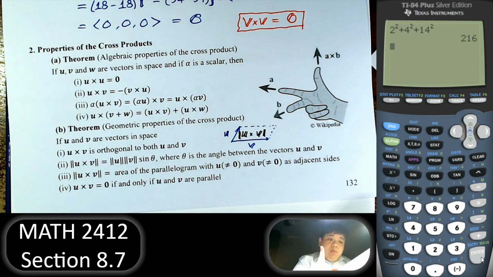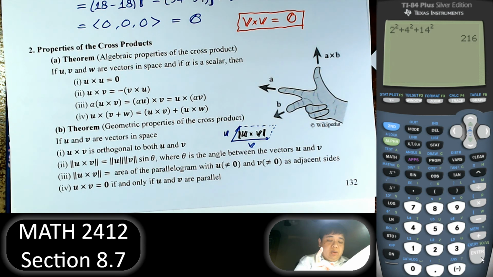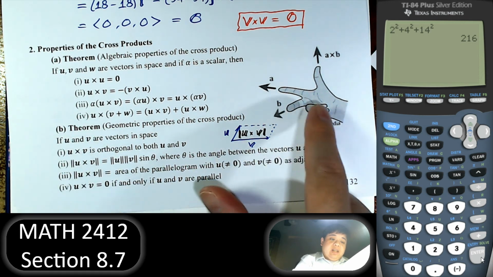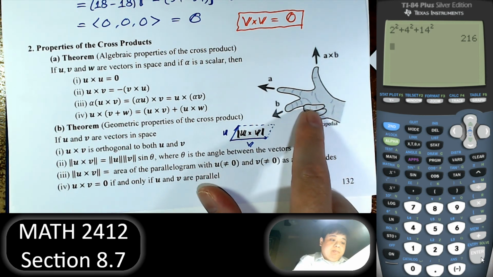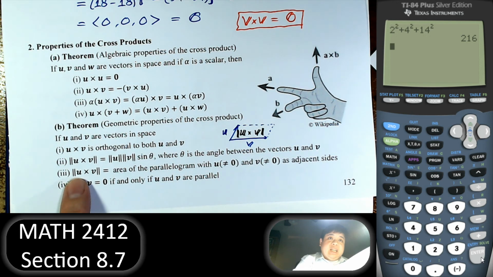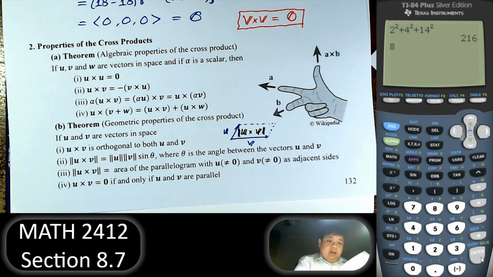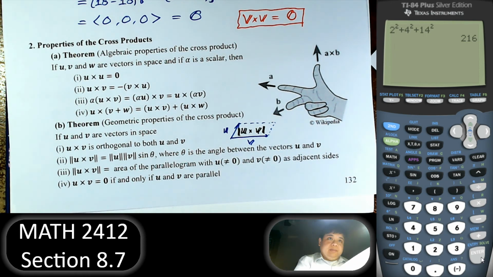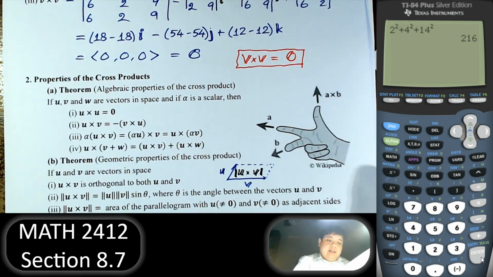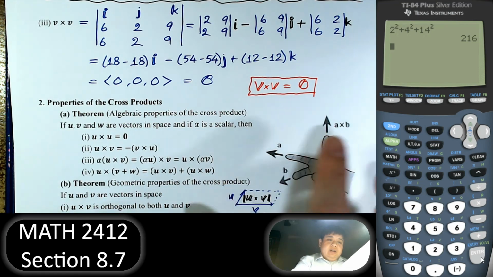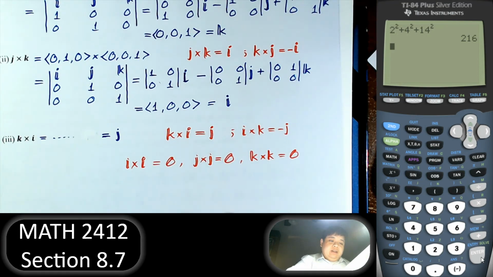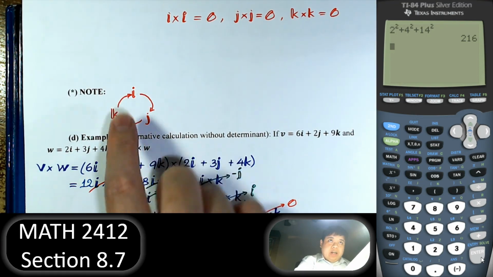Now, the cross product is a vector, right? A vector has direction and magnitude. The direction is given by the right-hand rule, and the magnitude is given by the area of the parallelogram of the vectors u and v. And then we have this cyclic rotation.